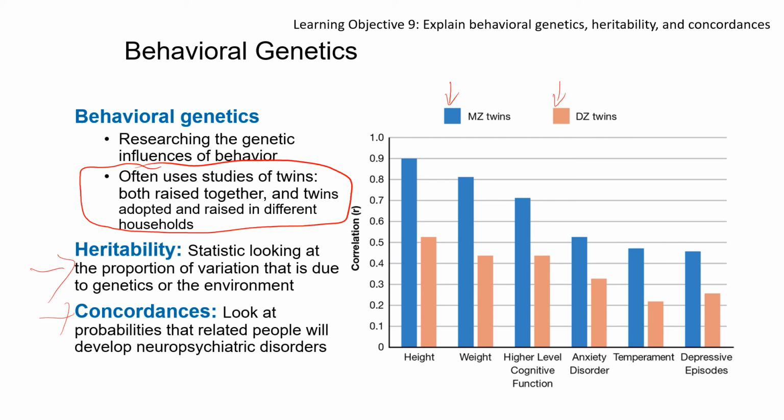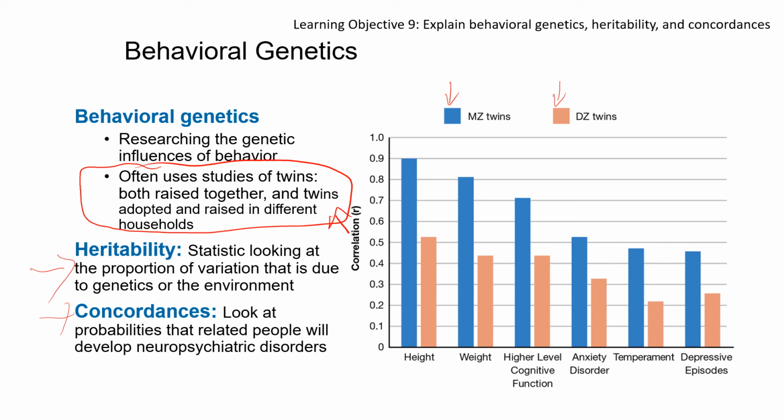Because if there's more overlap, it's more likely to be something that's genetic rather than environmental. And they also look at both twins that are raised together and ones that are raised in different households so that they can then check for environmental factors as well.